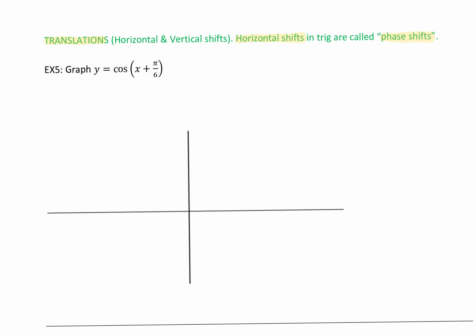Going back to transformations prior, remember that whenever we add to the x value, it's not going to be a shift right, it's actually a shift left because we're doing the opposite of what we think we should do. So if I'm adding pi over 6, that's actually going to be a shift left by pi over 6 units.